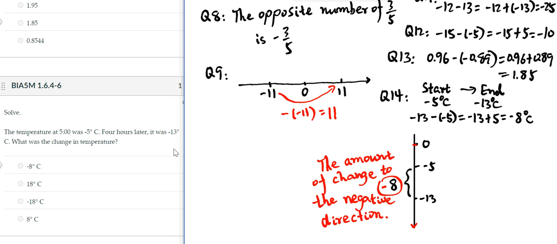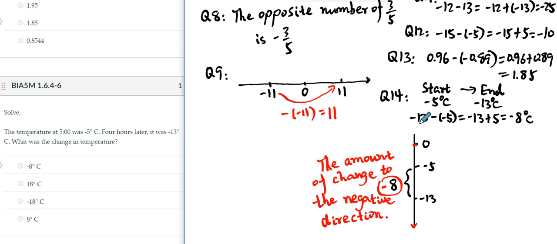So starting at negative 5, it goes down, even colder, to negative 13, and then we have a negative 8 as the amount of change because it goes in the negative direction. That's why we put negative 8.